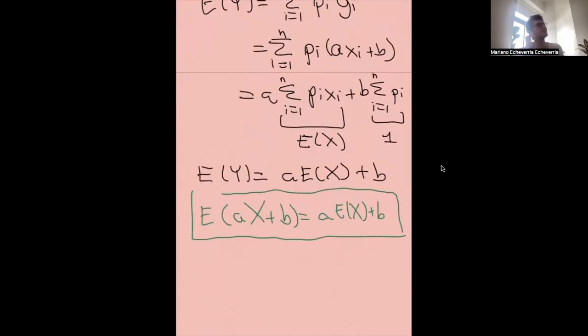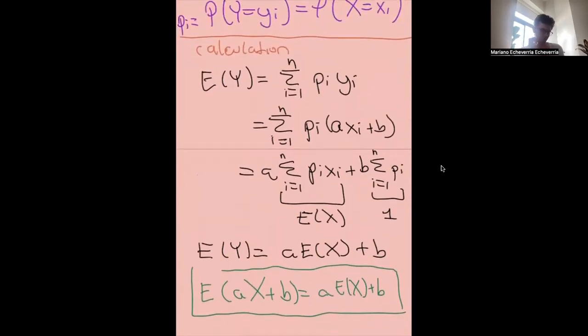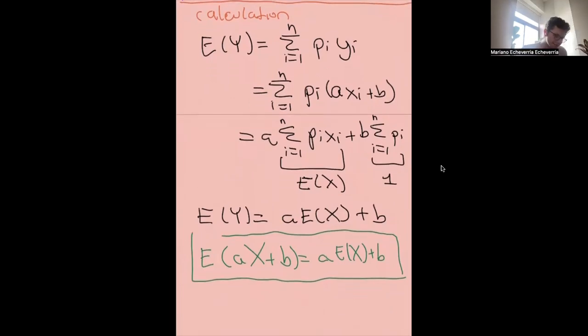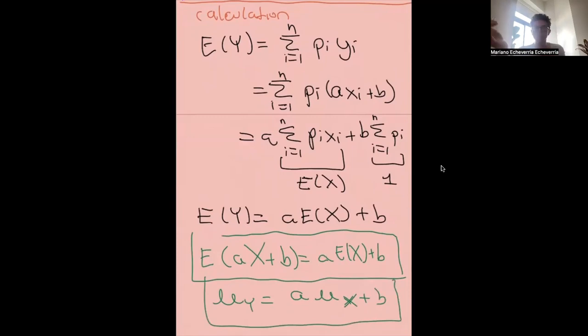Is that making sense? Are there any questions about this? Another way to write this is that mu of y is a mu of x plus b. That's also a nice way to write this, if you remember that mu was another name for the average.